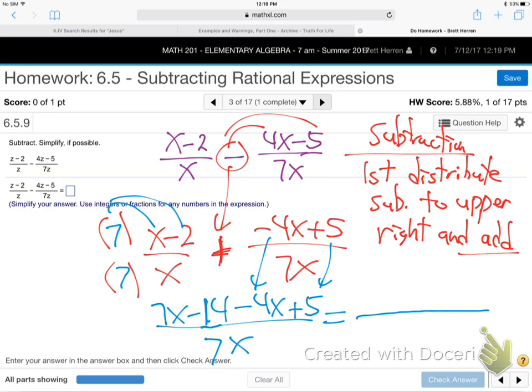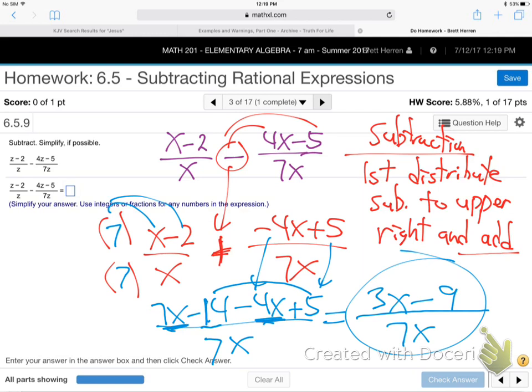We good? So 7x minus 4x is 3x. Minus 14 plus 5, what is that? Minus 9 over 7x. We're done. Is that good? Questions on that one?